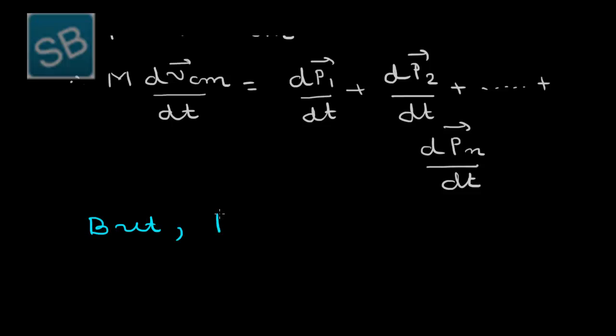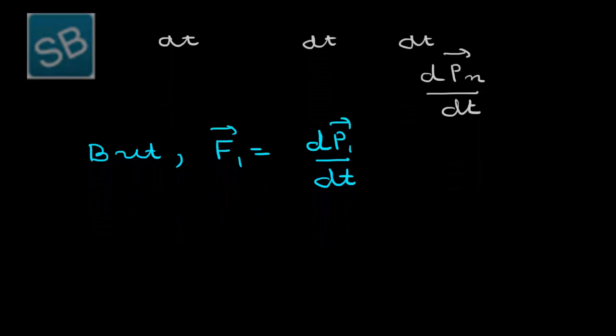But F is equal to dp over dt. So if I put 1 over here, then here the subscript 1 comes.